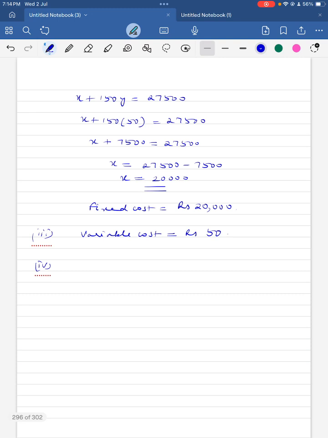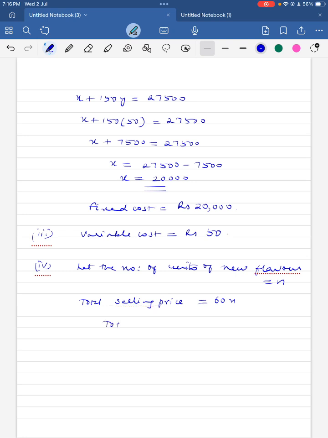Okay, so let's assume that number of units of new flavors sold. Let the number of units of new flavor be equal to N. We know that the selling price is 60N because the selling price for one unit is 60 rupees. So the total selling price would be equal to 60N.